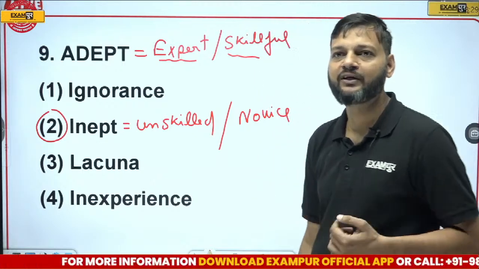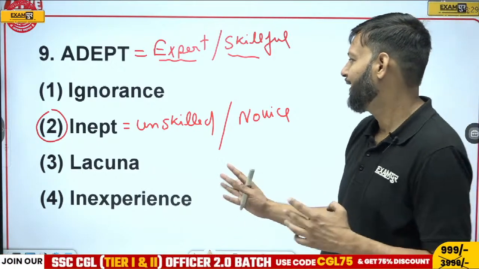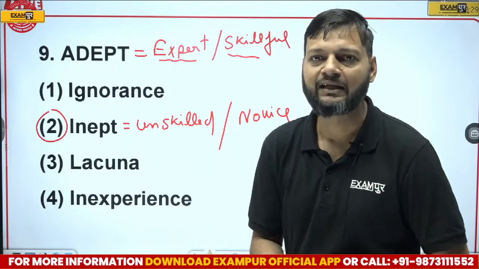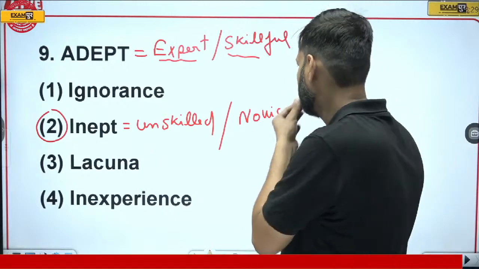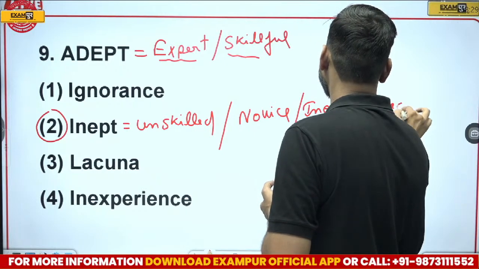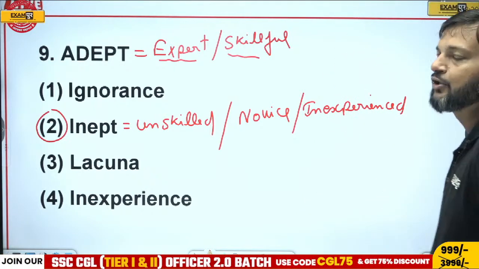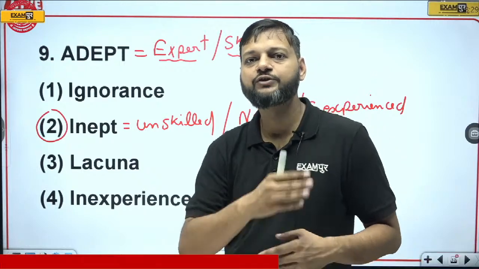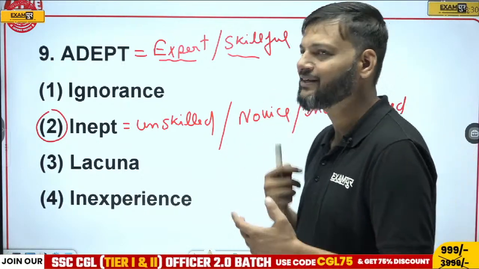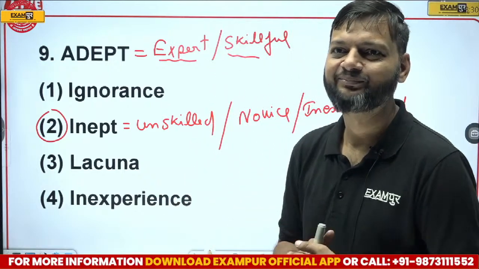When someone is not expert, not experienced, he is called inept. So the antonym of adept, which means expert or skillful, is inept.